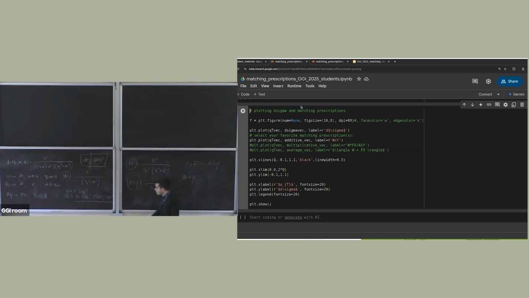Try to see what happens to this matching prescription when you change the kinematics. Once you plot the sigma and W plus Y on the same panel, try to see what happens if you change Q to exactly 2 GeV.